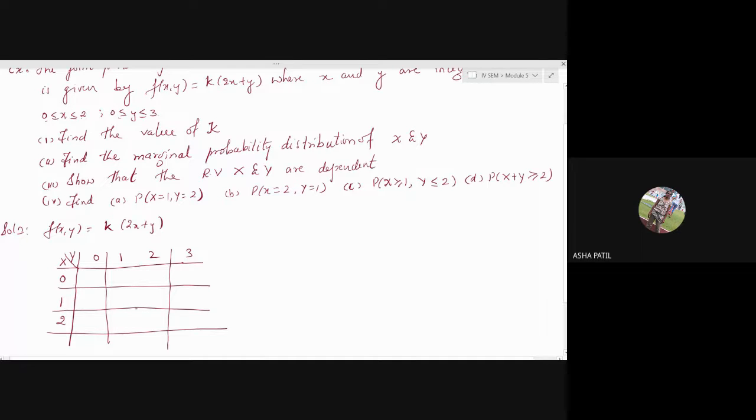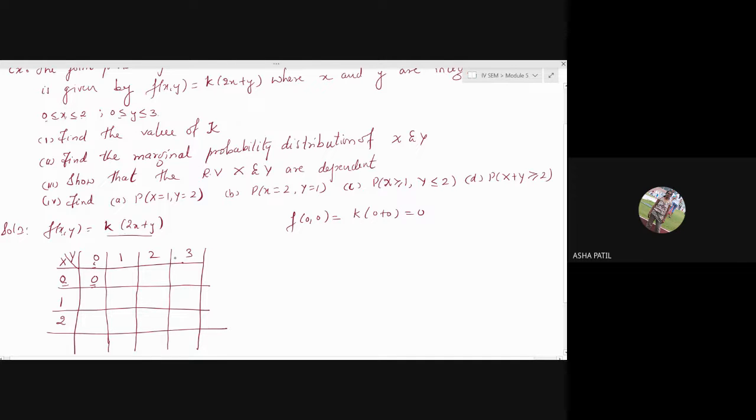Can you tell what is the first value? It is the probability that x is 0, y is 0, that is f of 0, comma 0. Putting it in, we get k times 0, so 0.